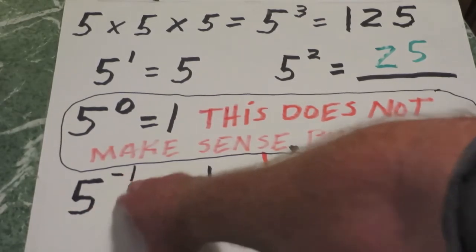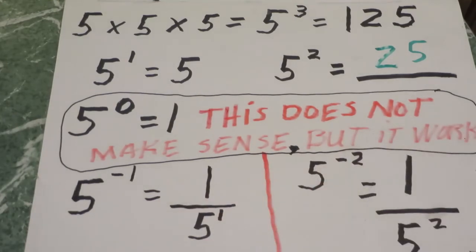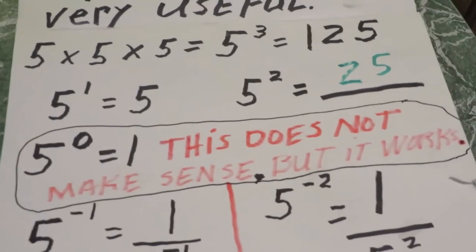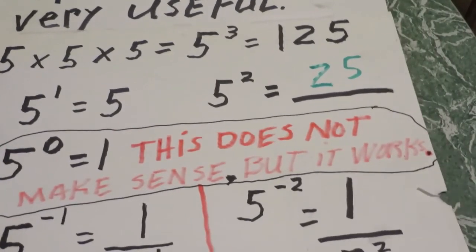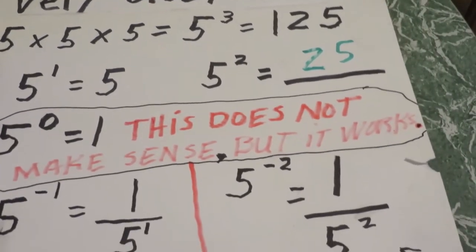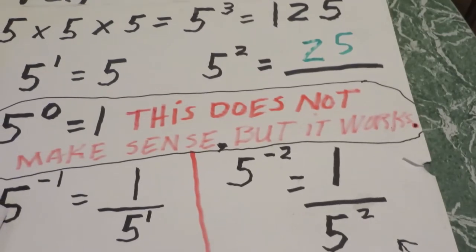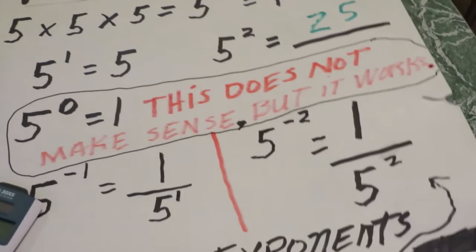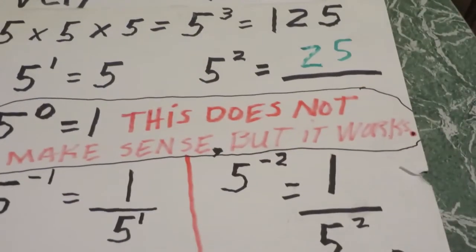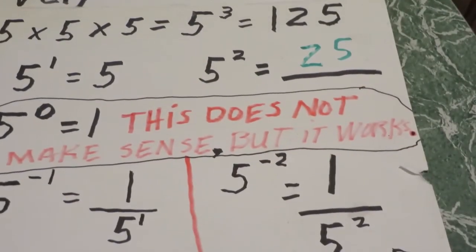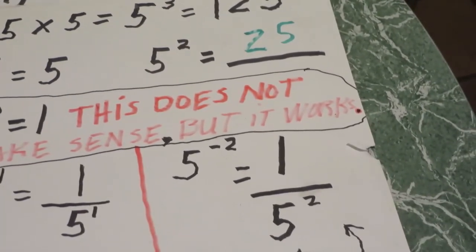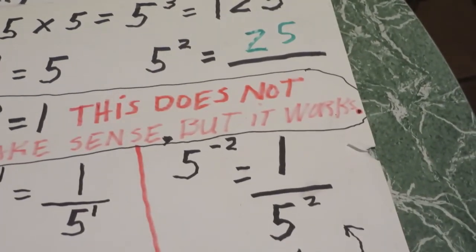So 5 to the negative 1 is 1/5. It's important for you to find some exponent problems and do them in whatever book or source you have, because they can be multiplied and all kinds of things. But I'm beginning simply with these examples.